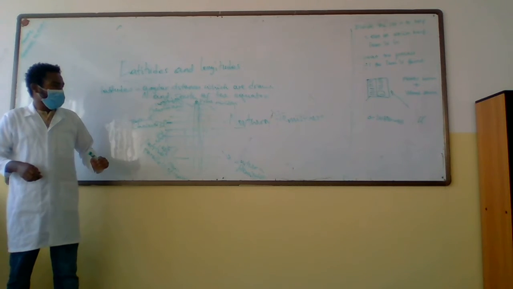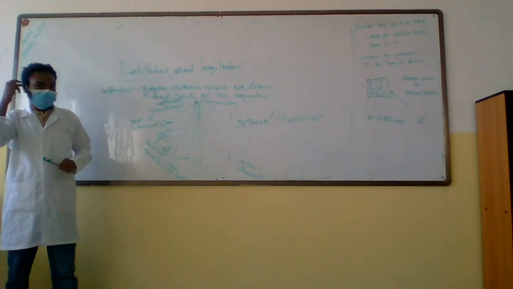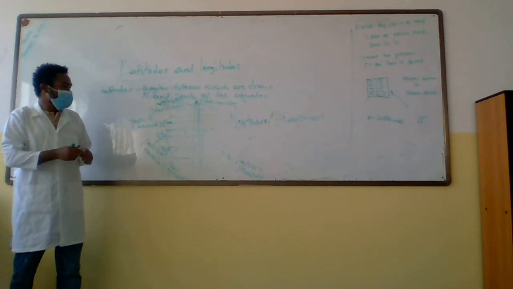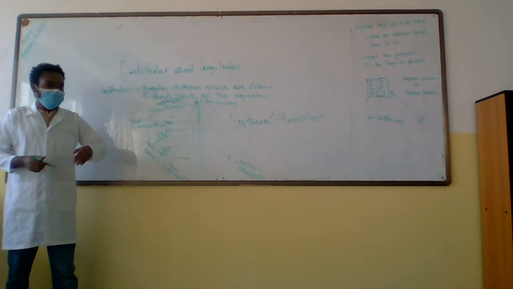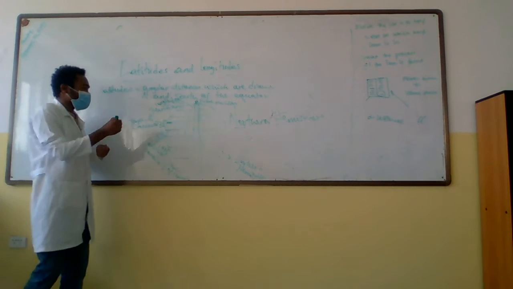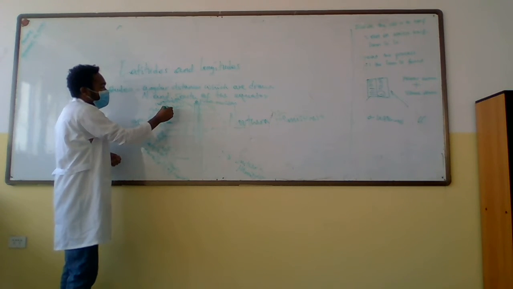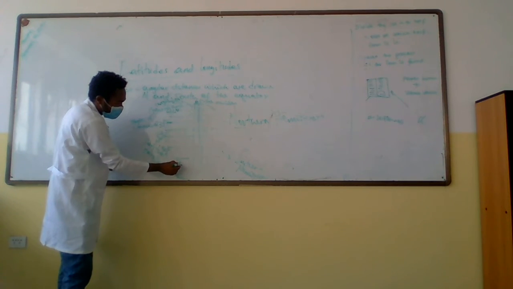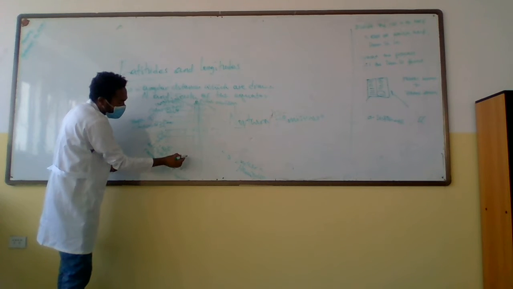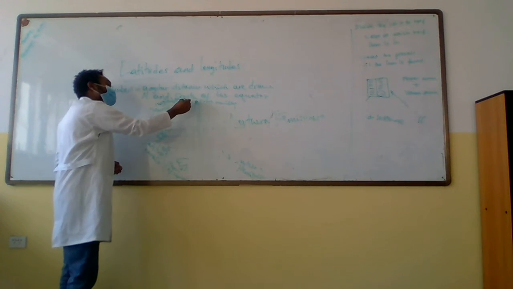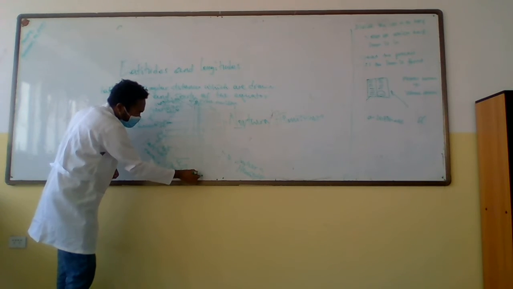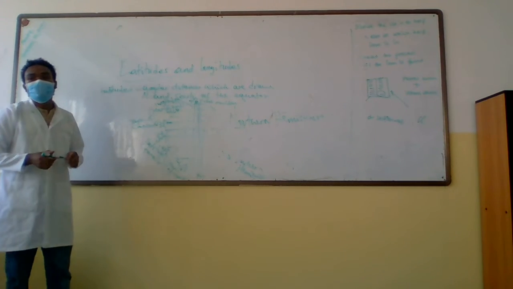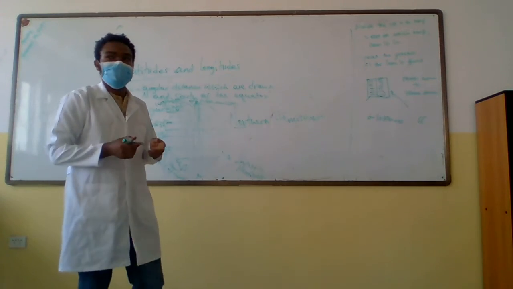The other thing here, students, there are other imaginary lines found on the globe. Here, 66.5 degrees north and 66.5 degrees south, and also here 90 degrees. What do you call 90 degrees south and north?